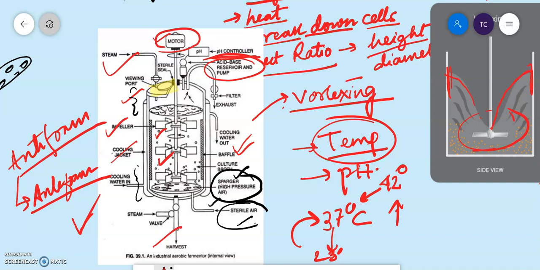What type of pressure system, pressure gauge is there? How is the agitation rate determined, how is pH determined and mediated? What type of probes are required to detect the dissolved oxygen concentration? All these things are part of your control parameters. We will be discussing the control parameters in our later classes.